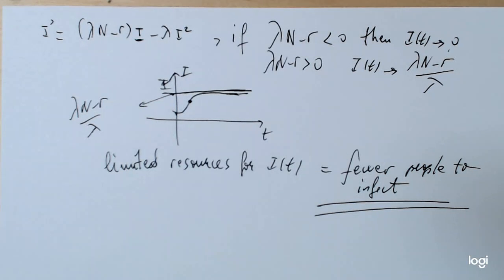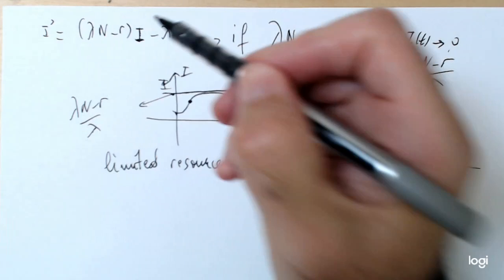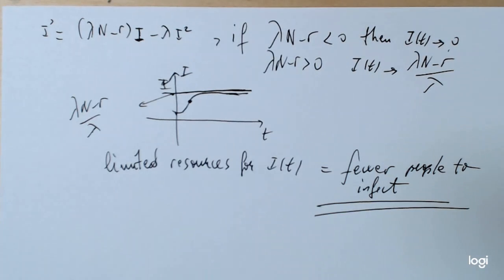All right, so this is why, which is kind of cruel if you think about it, resources for the infected class, from the point of view of the infection, means do you have enough susceptibles to sustain the growth? We'll talk about herd immunity later, but that's the reason why if you have lots of infected people in the population, the infection rate slows down, because there's not that many people remaining to be infected.